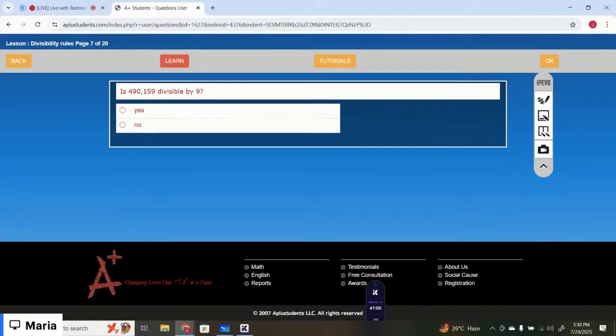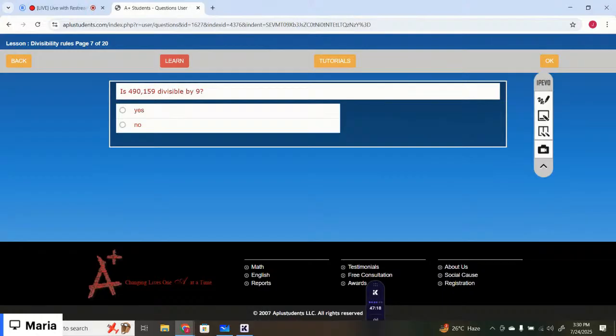Is 4,090,159 divisible by 9? So let's add all the digits, right? Because the divisibility rule for 9 is that the sum of the digits must be divisible by 9.